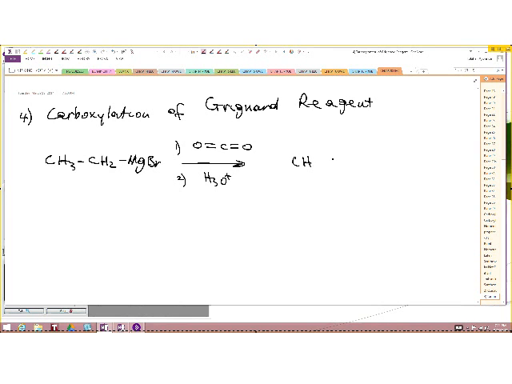You get this here. Keep in mind, the carbon group in the Grignard reagent acts as a nucleophile.